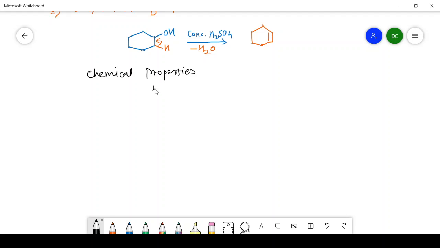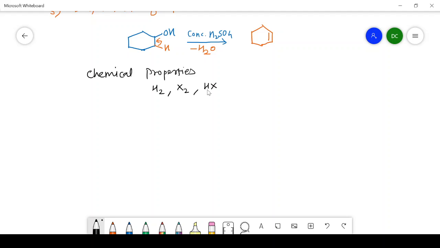Addition of hydrogen, halogen, or hydrogen halide takes place across the double bond to form the corresponding adduct. In addition to that, it also shows allylic halogenation in presence of N-bromosuccinimide.